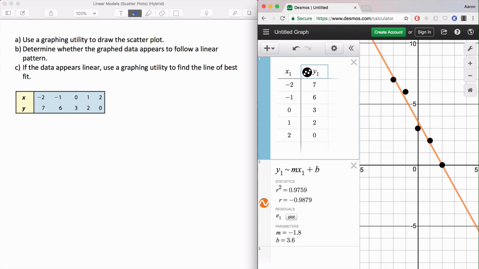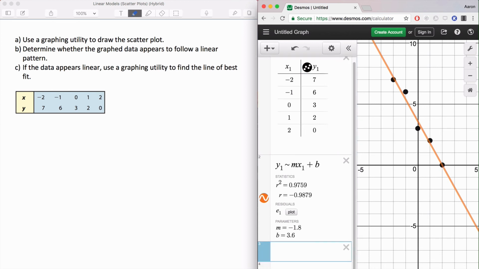The other information that we want to look at are the parameters here. We're given m and b, and those are the same m and b that we know from our regular slope-intercept form, with m being the slope and b being our y-intercept. In case you're skeptical, we could always graph the equation of a line using those given values and see, is it actually this same equation?